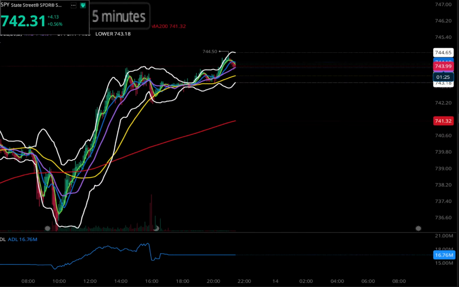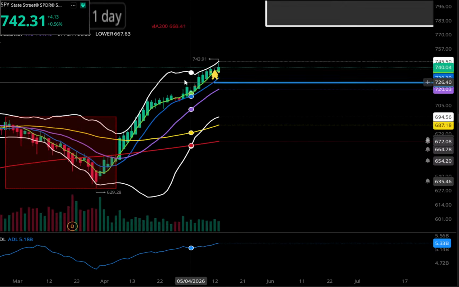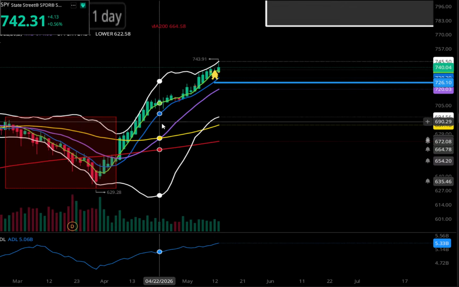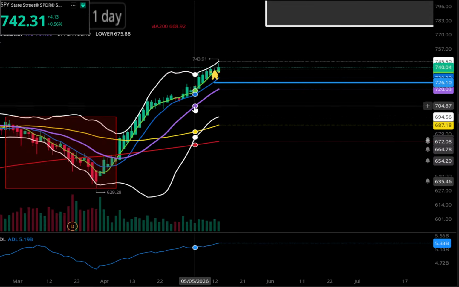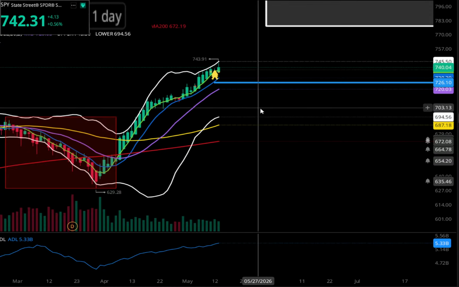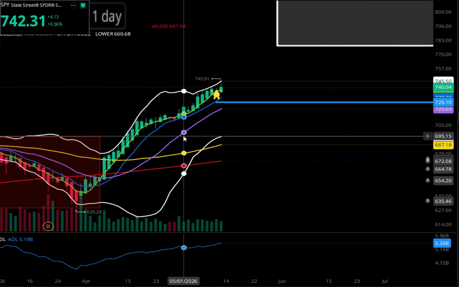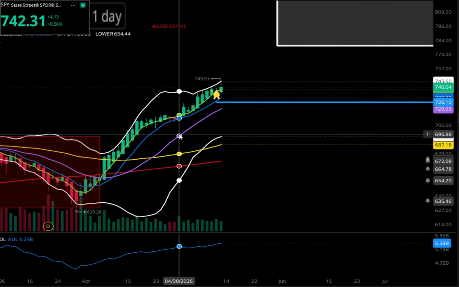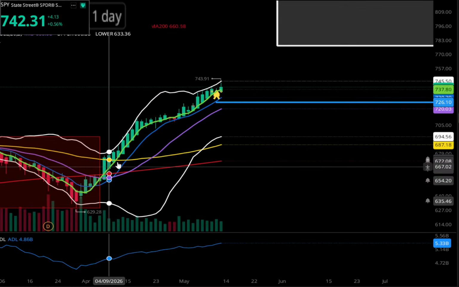So why we mark those out like that is because on the daily time frame, the moving averages can basically become magnets that we can look for very strict price action. So for example, the 20-day moving average, we should be expecting that to be tested essentially every 20 trading sessions. Well, we're far extended above that.